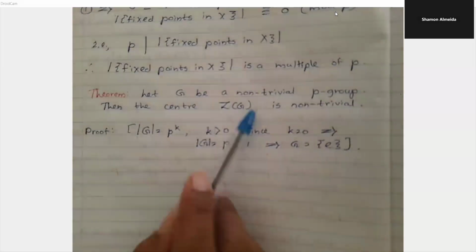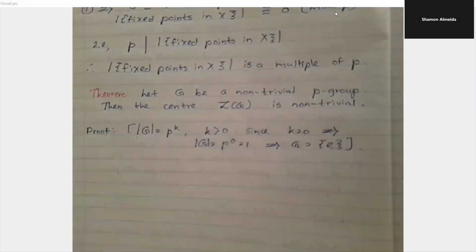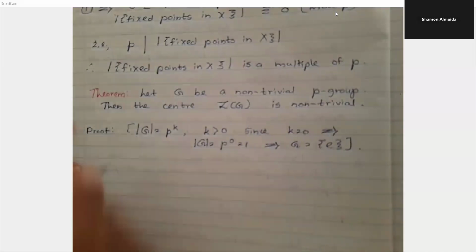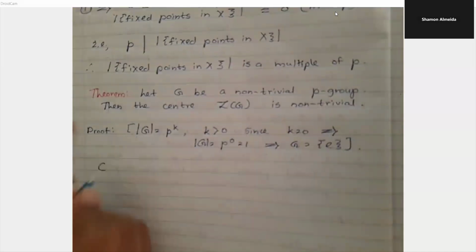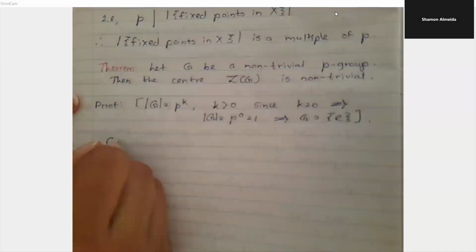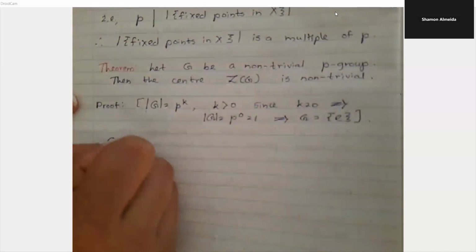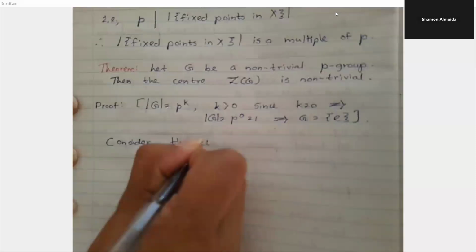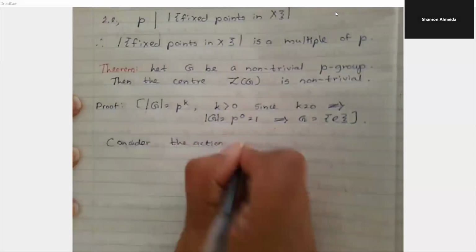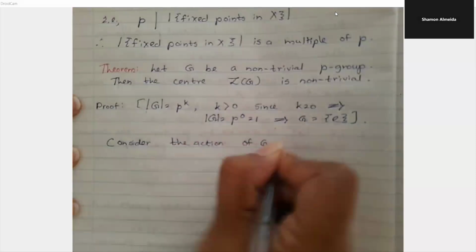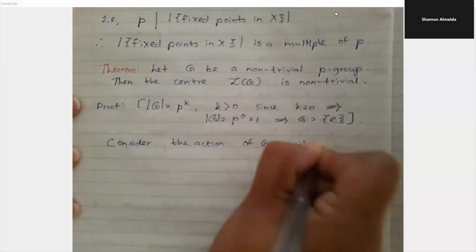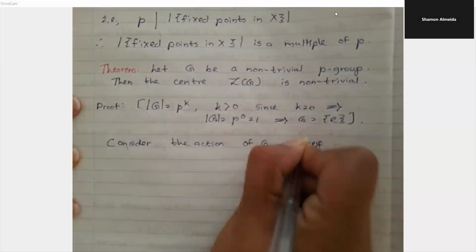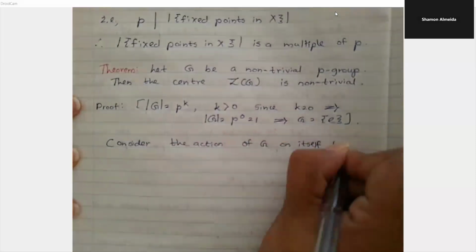Now to show that this is non-trivial, we consider the action of G on itself by conjugation. This is where the proof really starts. Consider the action of G on itself by conjugation.